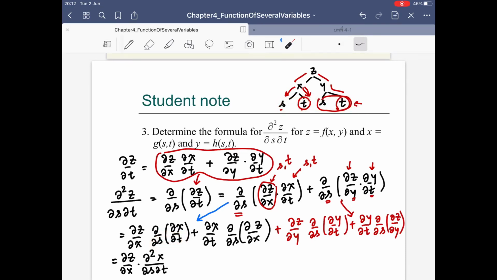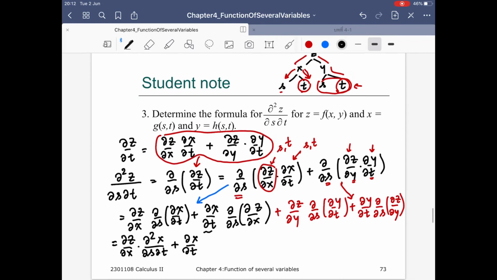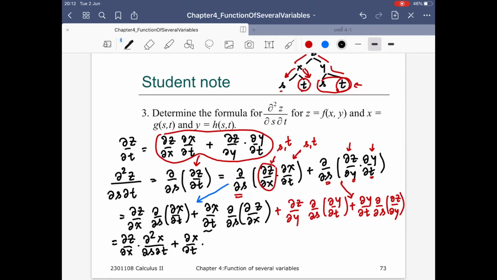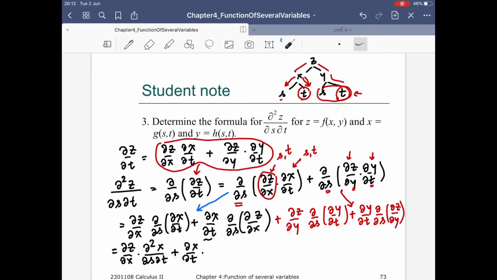Then for the term after, you have dx by dt, and this one, you see here is dz by dx, so you need to look at this one as up here. Your z, or dz by dx, will depend on two things, x and y, but then your x and y depend on another two things, s and t.